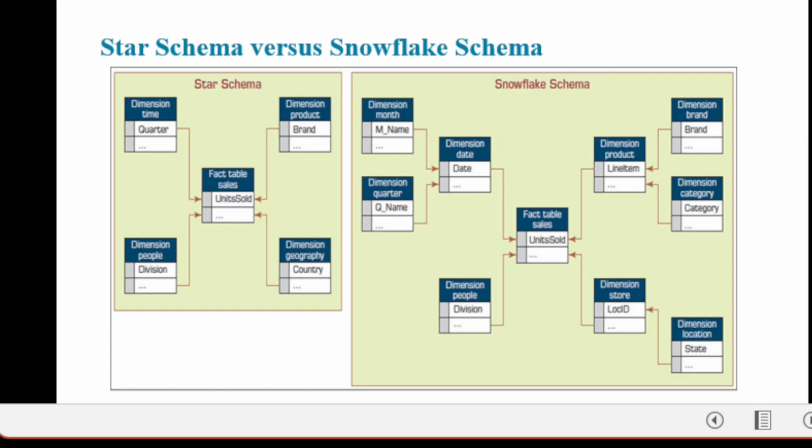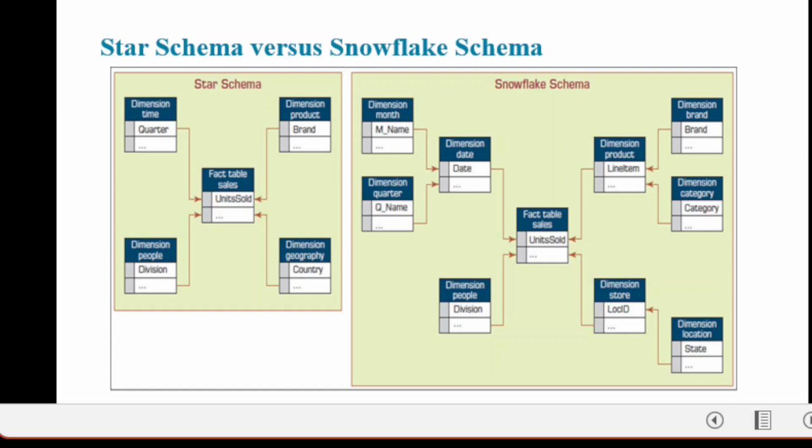And we have foreign keys. Remember, we talked about foreign keys and primary keys. Surrounding the central fact table are the dimensional tables, based on different dimensions that you want to measure.